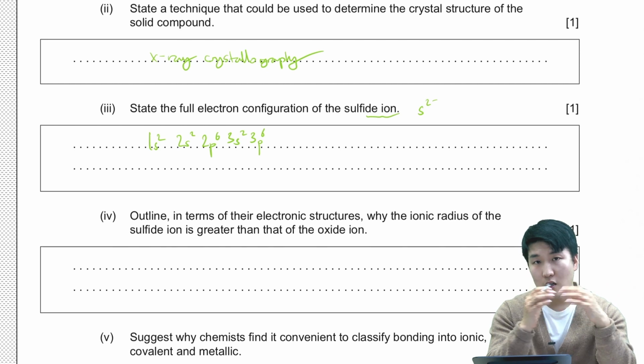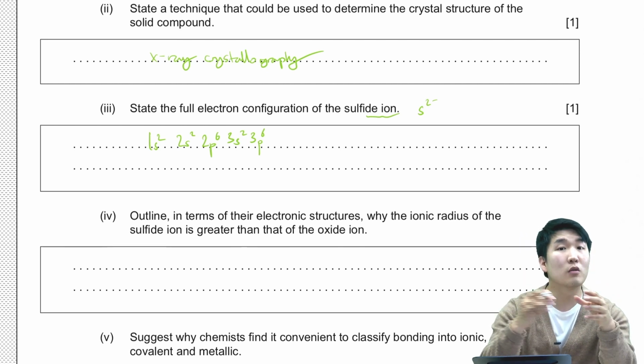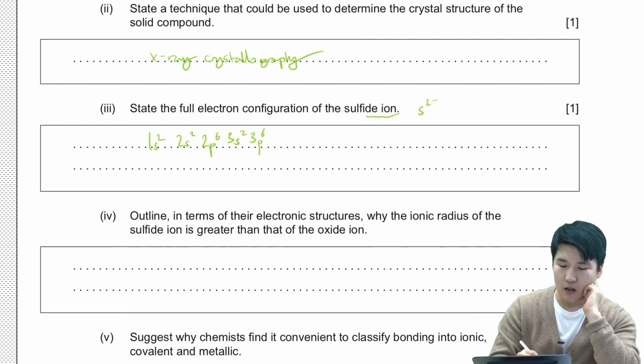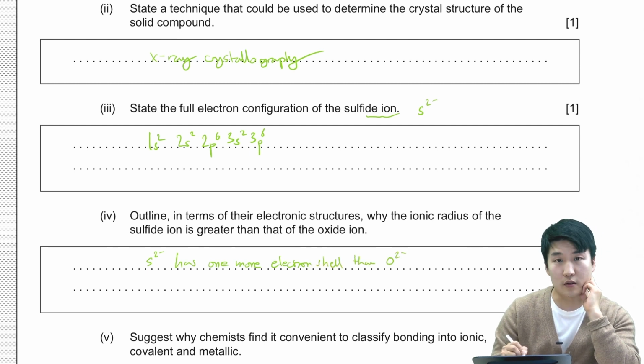Specifically, sulfur is right below oxygen, meaning there is one more electron shell. Sulfide has one more electron shell, principal energy level, than the O2- ion.